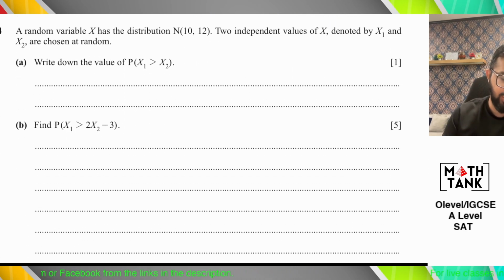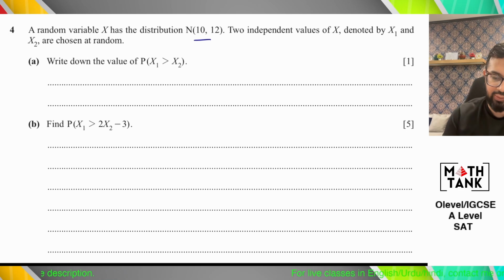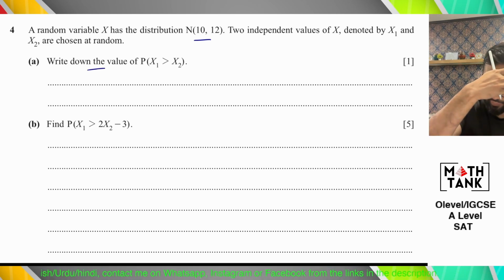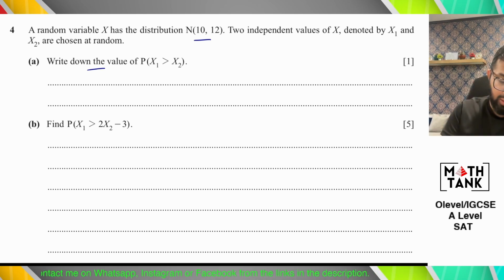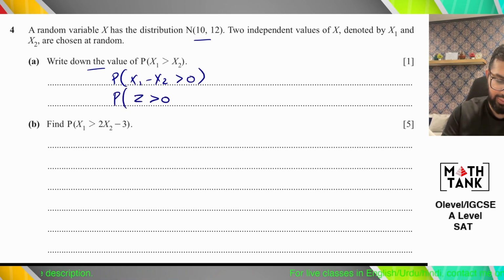Question number 4. A random variable x has a distribution this. Two independent values of x denoted by x1 and x2 are chosen at random. Write down the value of probability of x1 is greater than x2. Okay, so if I move this to this side, becomes z is greater than 0.